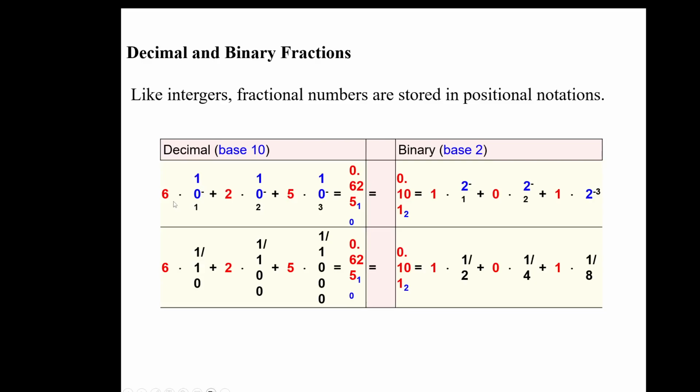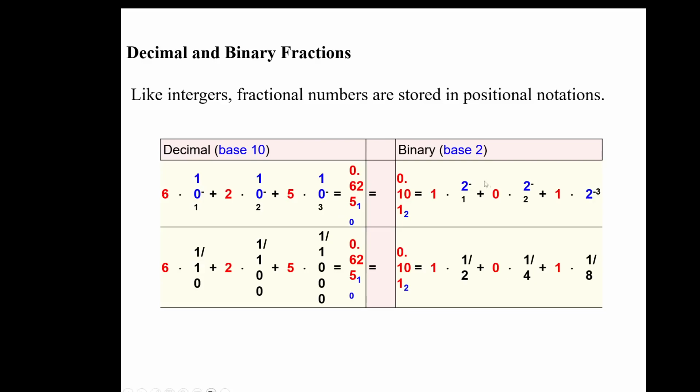So in the value 0.625, the 6 represents 6 times 10 to the negative 1, or 6 over 10. And 2 represents a quantity of 10 to the negative 2, or 2 divided by 100. And 5 represents a quantity of 10 to the negative 3, or 5 divided by 1000. So we have 0.625.